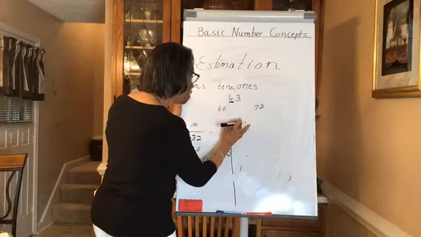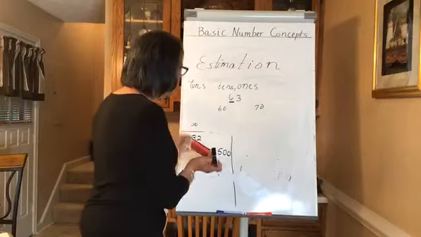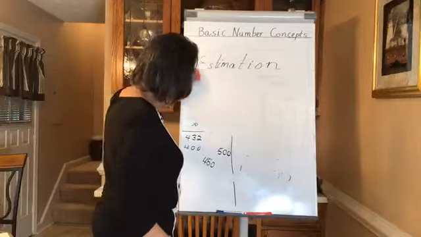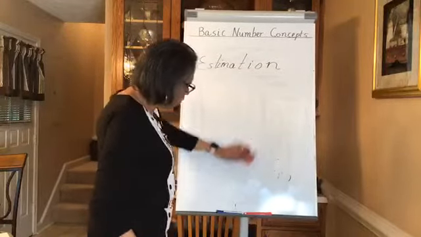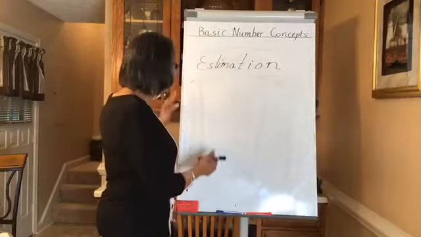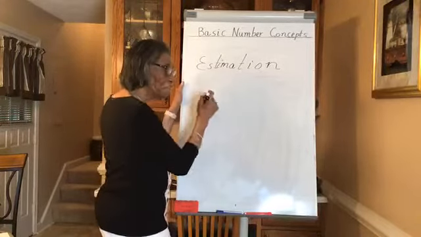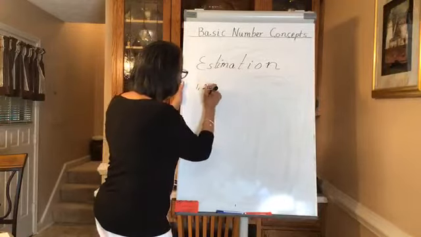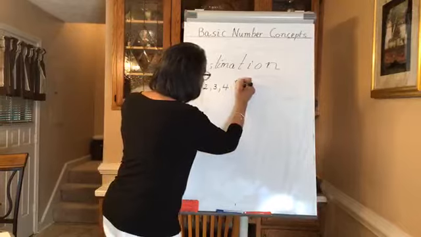65 is halfway between. All right, so if I'm rounding off to tens, I have to determine whether the next digit is 1, 2, 3, or 4. Because that will tell me, and all the halfway marks begin with 5. So the rule is that if the number next to the digit you're rounding off to is 1, 2, 3, or 4, you round down.